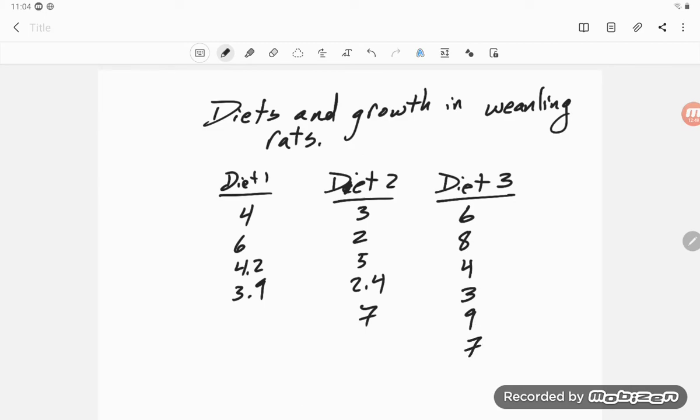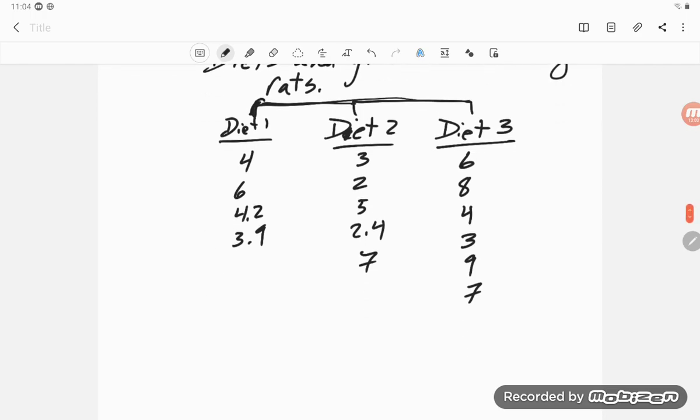So your data would tend to look like that. You see we have our categorical variable with its 3 different categories, but then these are all numerical down the columns.